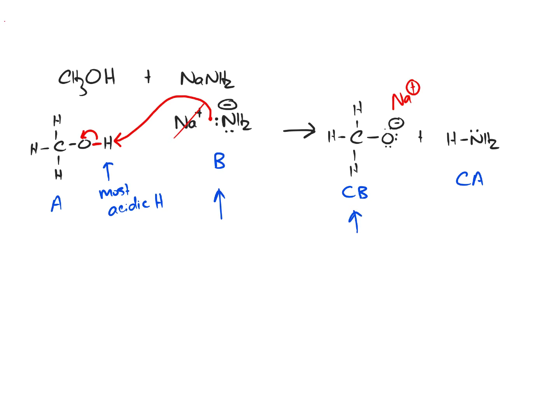Oxygen's more electronegative than nitrogen. It better stabilizes the minus. Okay, so the right side is preferred. So if you drew equilibrium reaction arrows, the large arrow would point to the right.